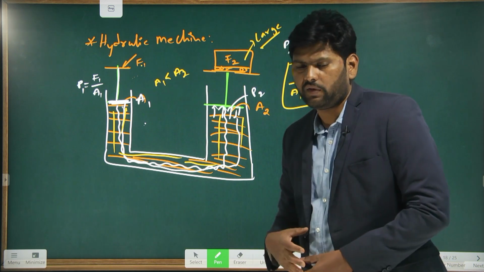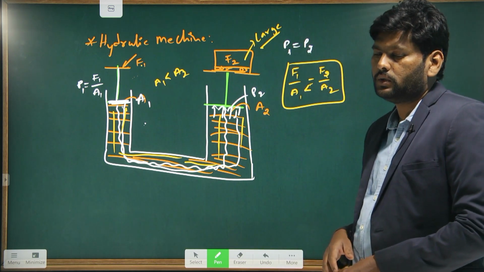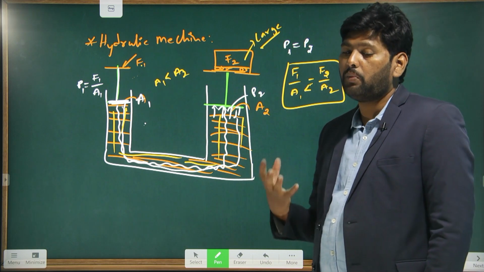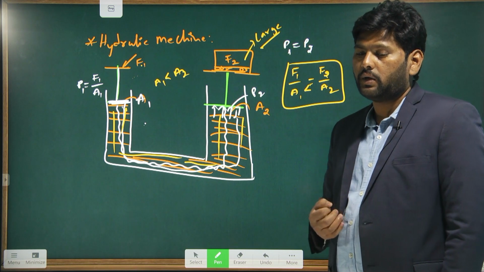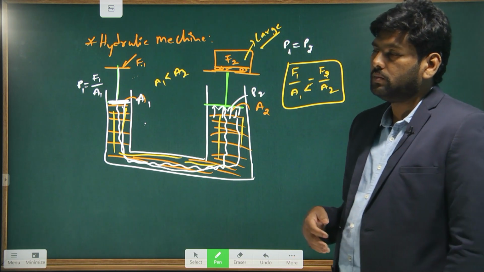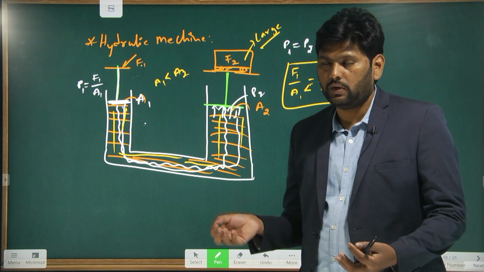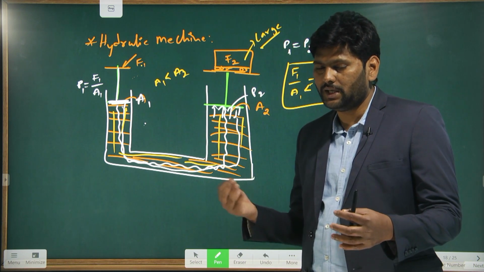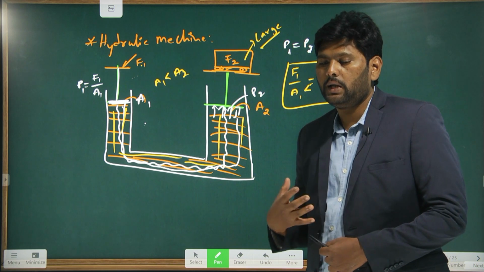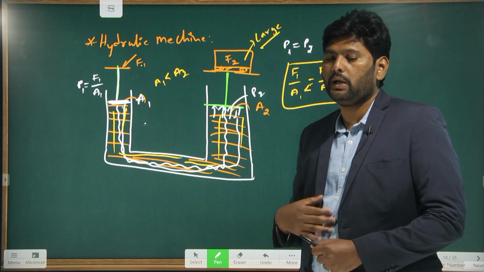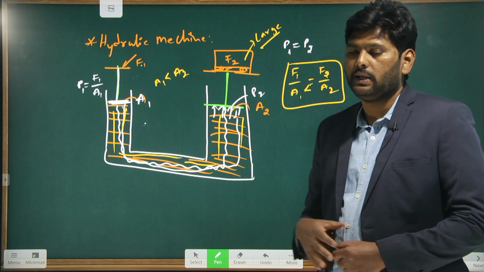It has a different density, and it has the capability of receiving heat energy. Even though much heat is delivered to the hydraulic oil, the temperature will not increase by more than 40 degrees centigrade.